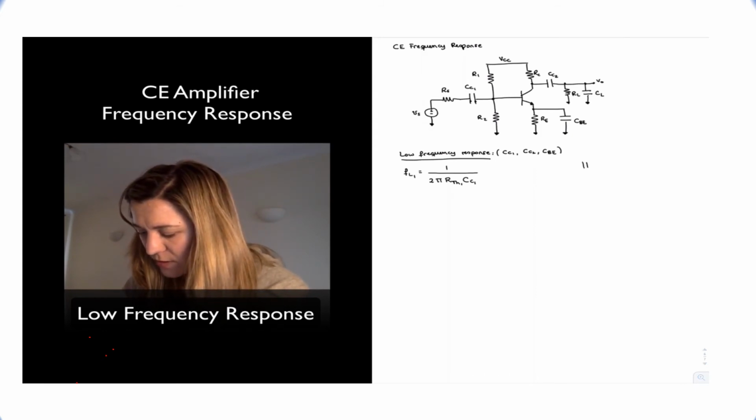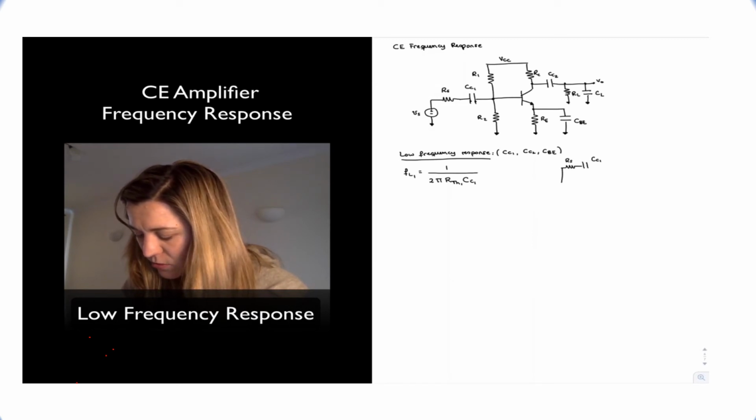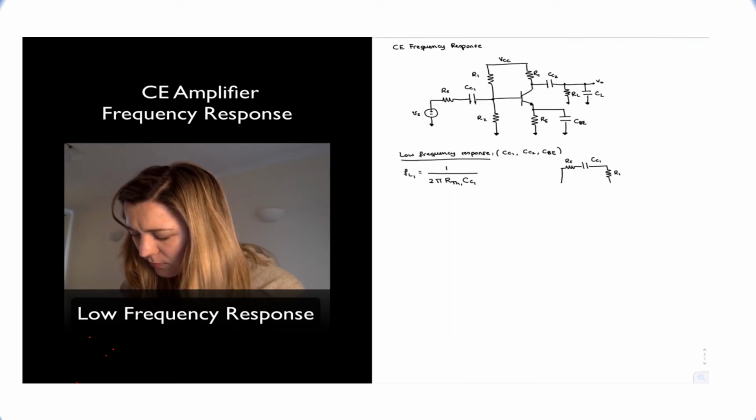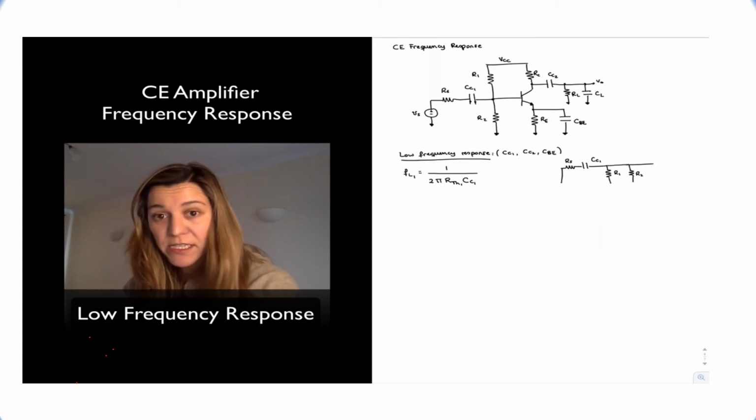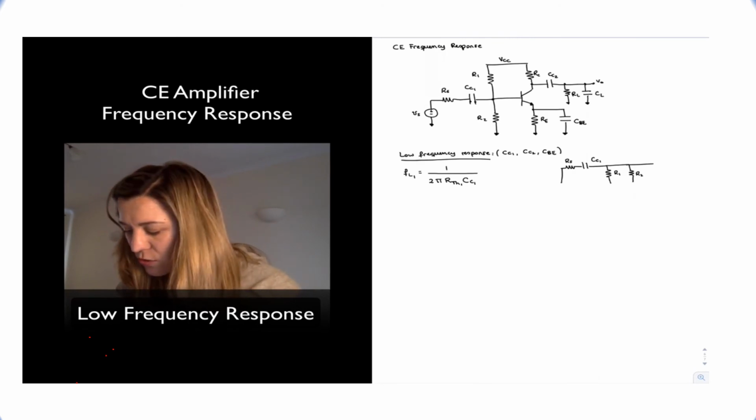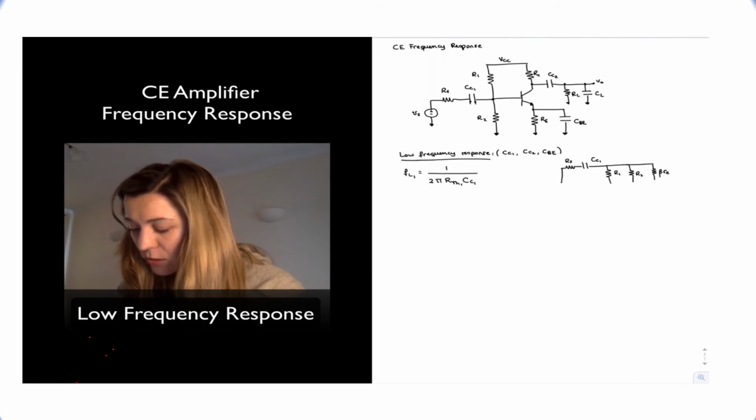So I have CC1, and then I have RS to ground, and then R1 to a signal ground in parallel with R2 to ground, in parallel with the resistance looking into the base of the transistor, which is going to be beta times little re.